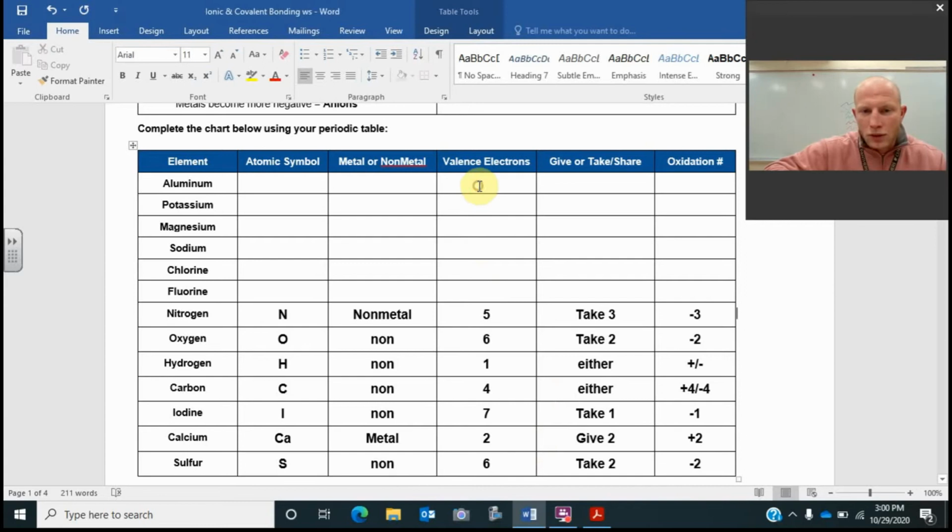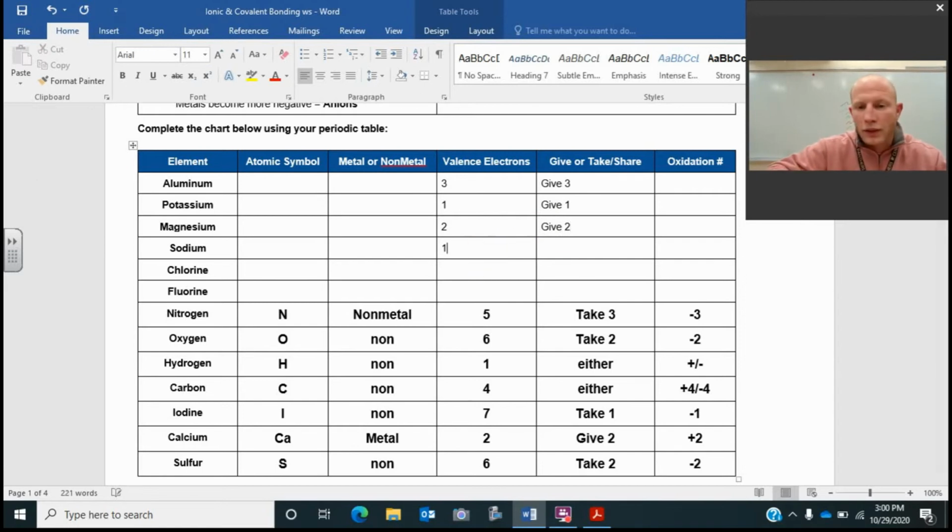Because if we look at aluminum here, we know aluminum has 3 valence electrons, and it will give those 3, right? We know magnesium or potassium here will give 1 because he only has 1. Magnesium has 2 valence electrons and will give those 2 up, right? Sodium is another one.